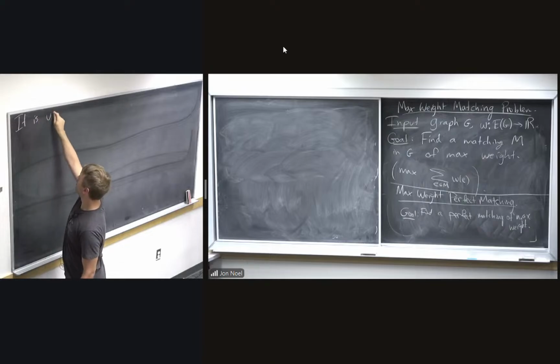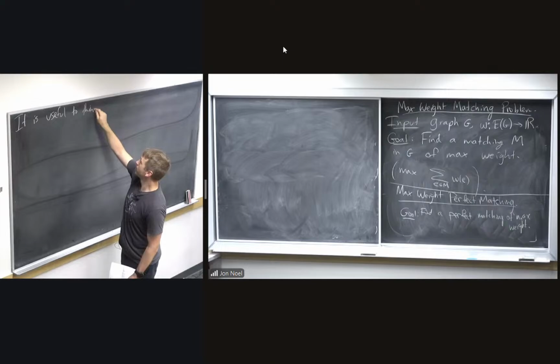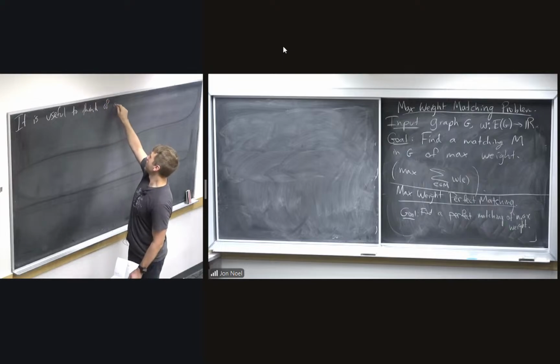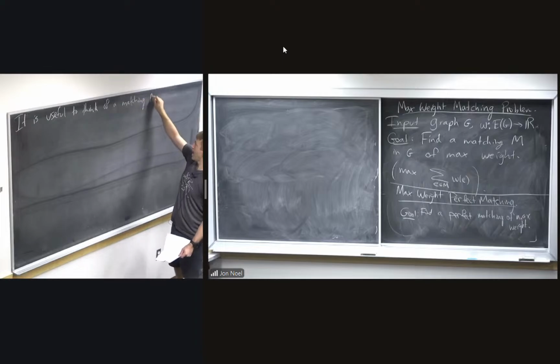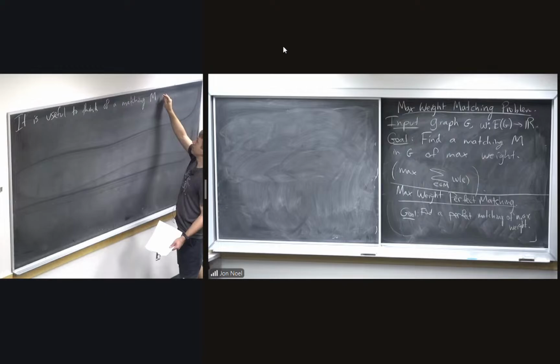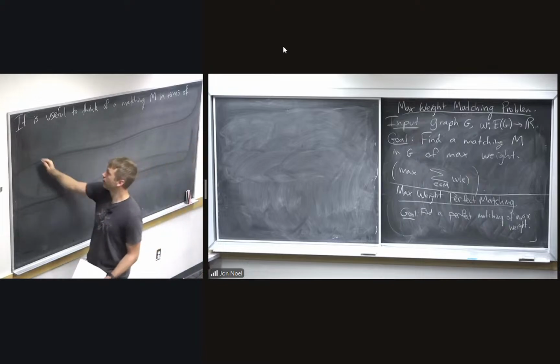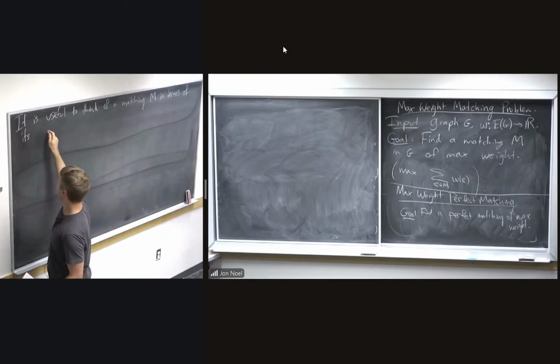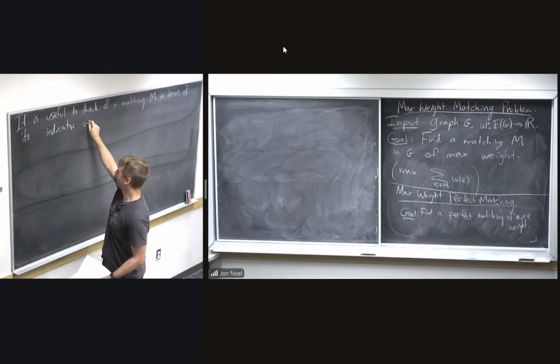So it's useful to think of a matching M in terms of its indicator vector.